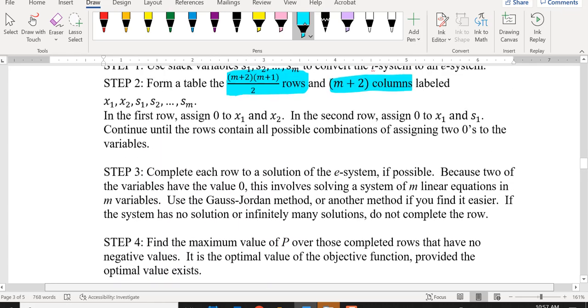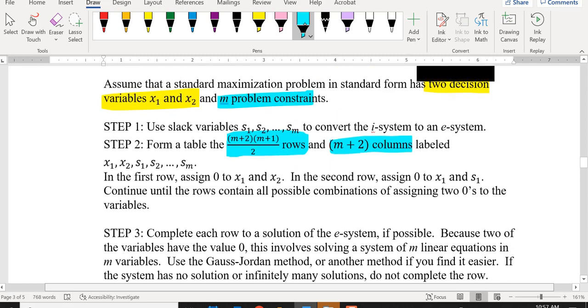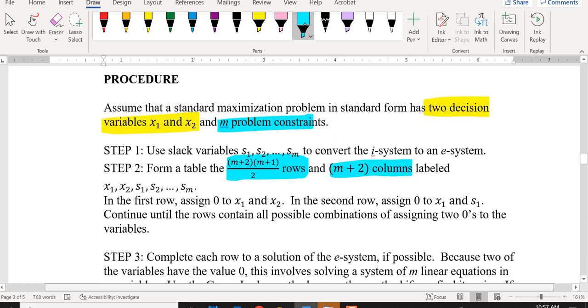Now, the number of rows and the number of columns. If there were 2 constraints, how many rows would you have? 2 plus 2 is 4, times 2 plus 1 is 3, over 2.